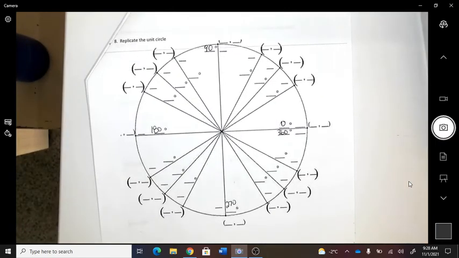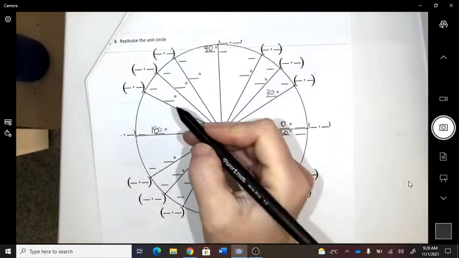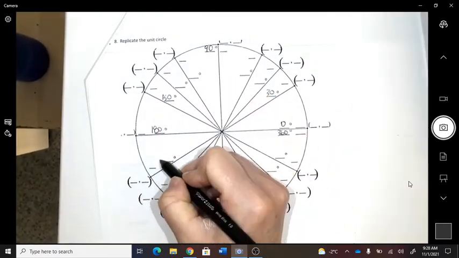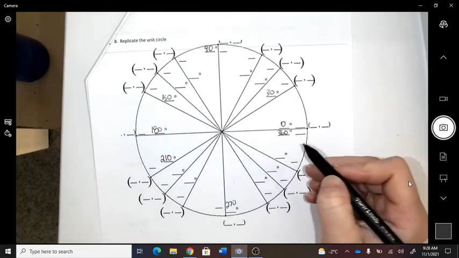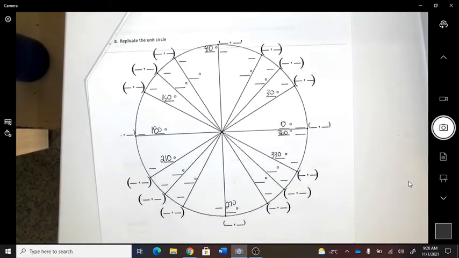Okay, now I'm going to go 30 off of every axis. So this is 30, 150, 210, and 330. I went 30 off each quadrant.